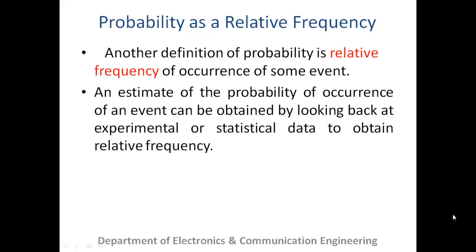Then we talk about another definition of probability, which is the relative frequency. This is basically the relative frequency of occurrence of some event, or we can say it is an estimate of the probability of occurrence of an event, which can be obtained by looking back at experimental or statistical data to obtain the relative frequency.